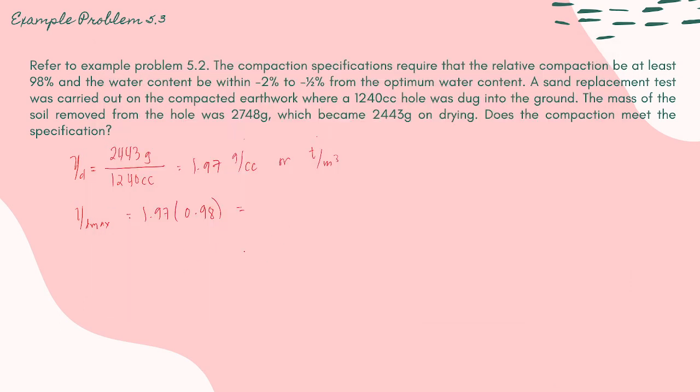So since our field dry density, not unit weight, so density, is greater than 1.93, we are okay with the relative compaction.